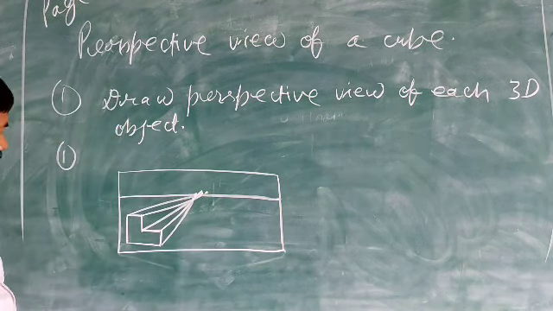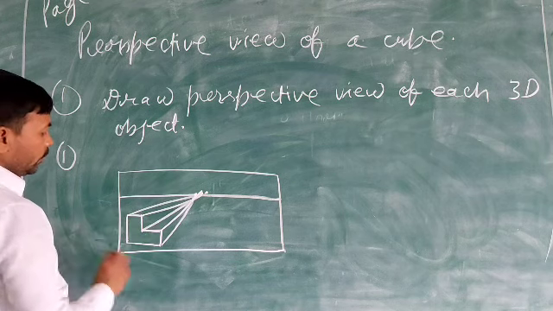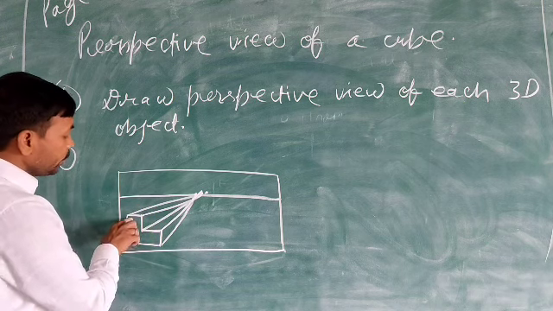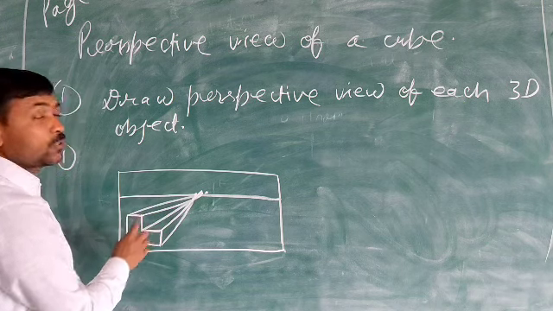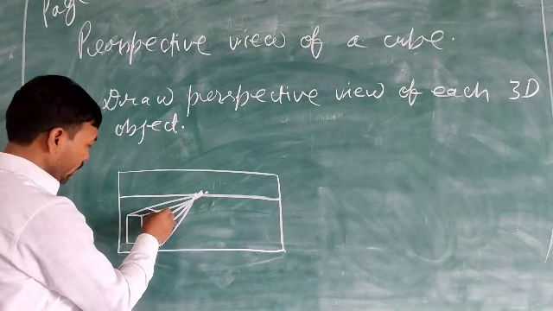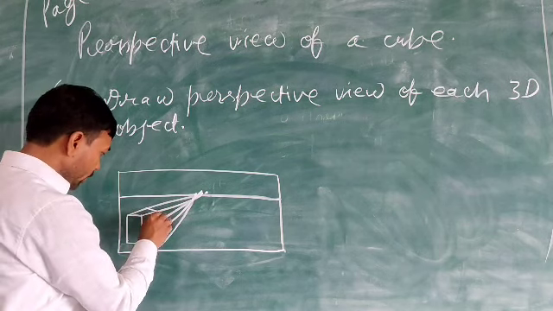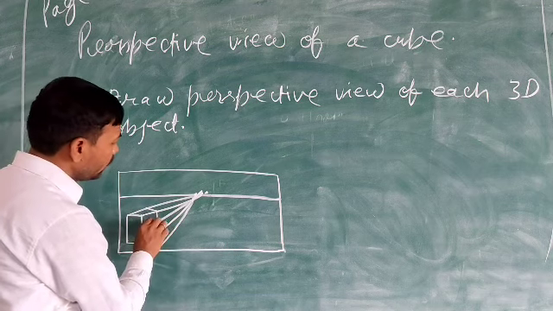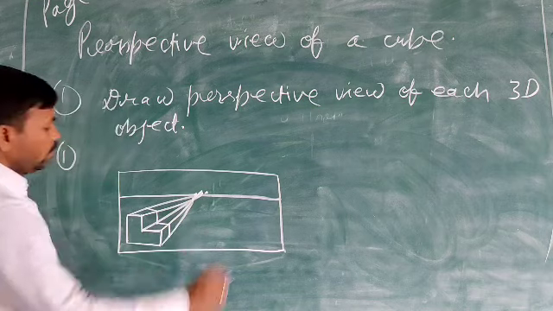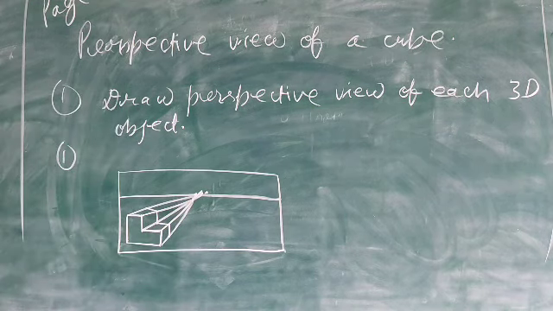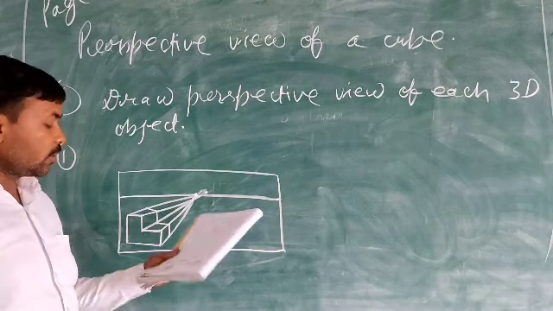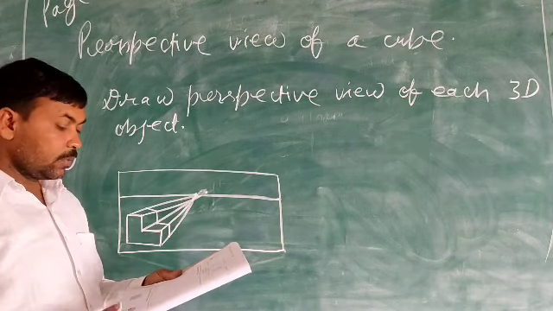And after that, we draw a horizontal line between the first two lines like this, and then a vertical line between these two lines, and then a horizontal line, and then a vertical line like this. So now this is the perspective view of the given object, the first one.